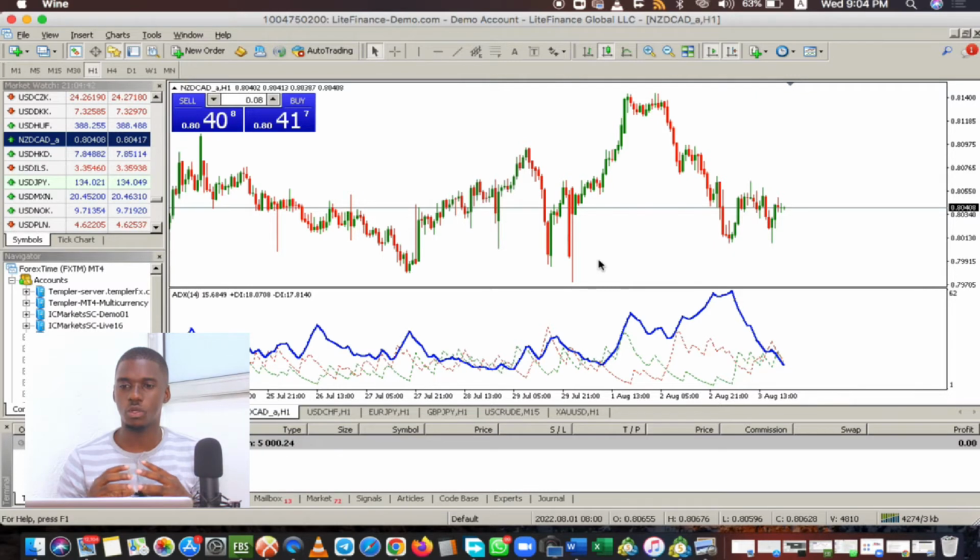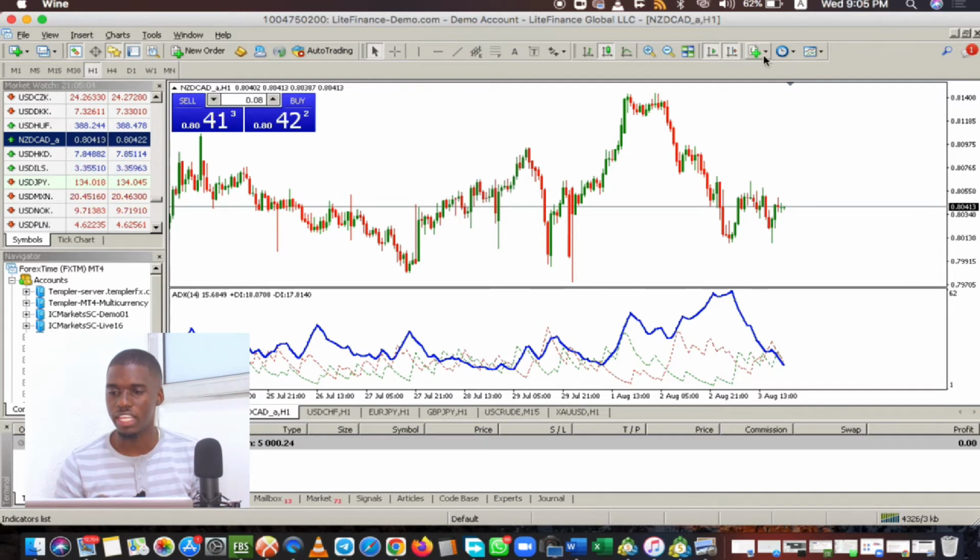The moment we come onto our chart, what we see is the ADX. We get it from the indicators list on the MT4. On TradingView, we get it from the indicators icon on TradingView. But for this, we're going to use the MT4, and there we get it from the indicators list, where I have just clicked.